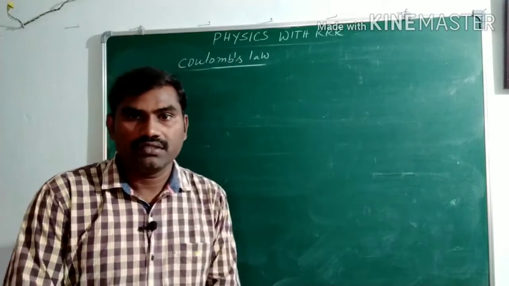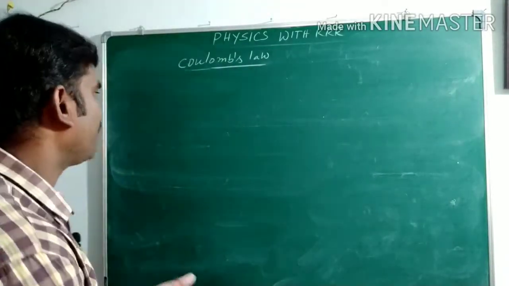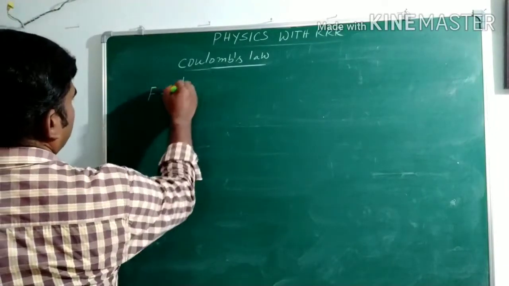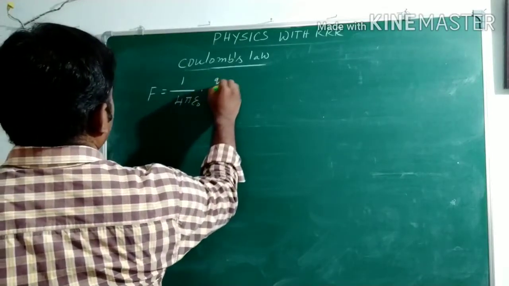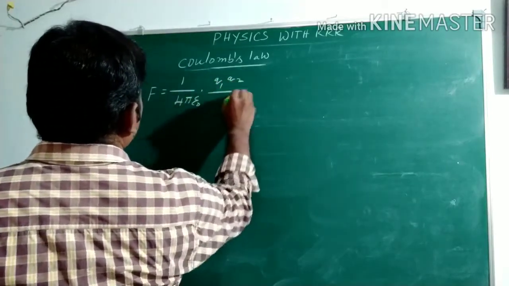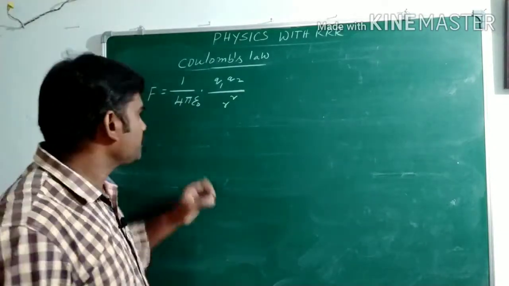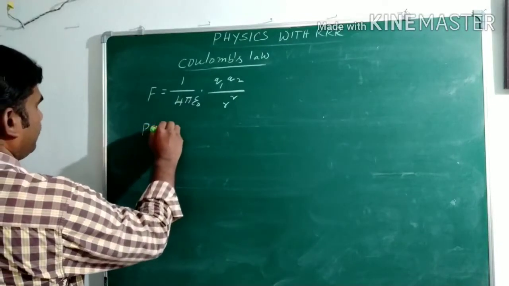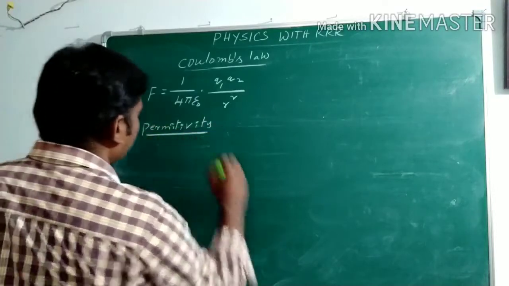Now regarding dependence on medium. Here we are taking the expression of force as F is equal to K Q1 Q2 by R square, where K is nothing but 1 by 4 pi epsilon naught. Now this K value depends on the medium. This is called permittivity. So what is meant by permittivity?